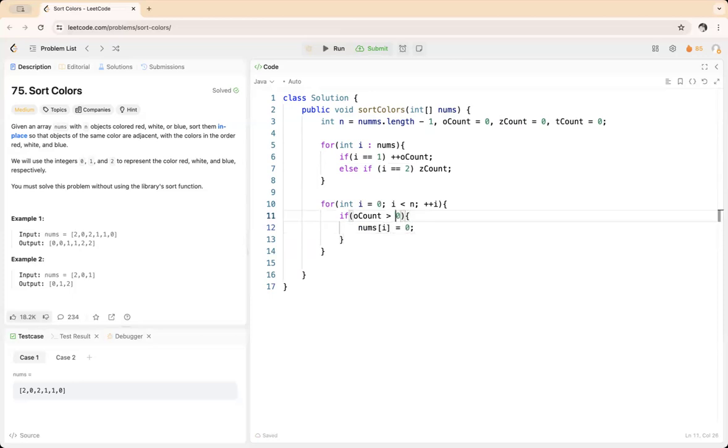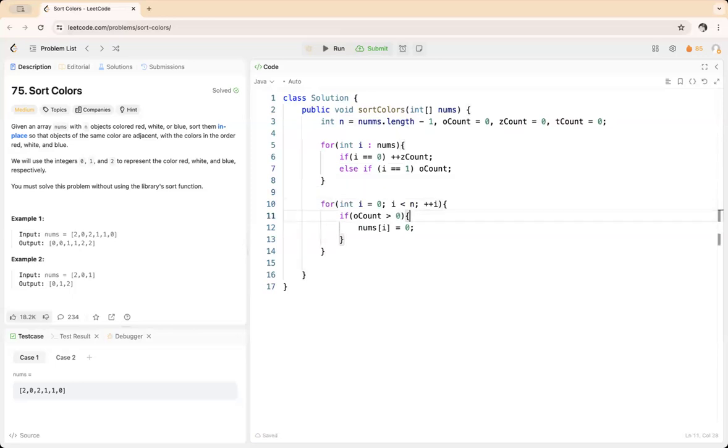Sorry, we have to write 0 over here, and then we will write Z count, and then we'll take 1, and this will be O count.